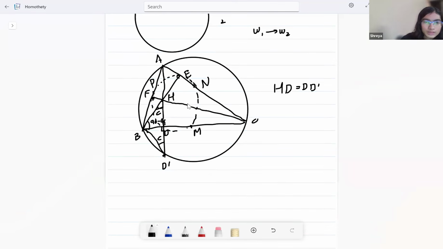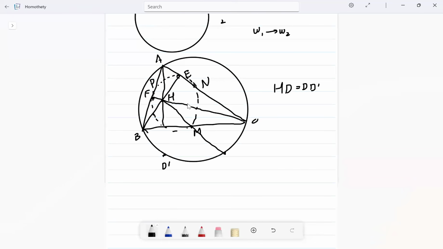Exactly. So it's just reflected. So we get the feet of altitude like that, and then what do we do for the midpoints? If you take a homothety with ratio 2, it goes to the circumcircle.